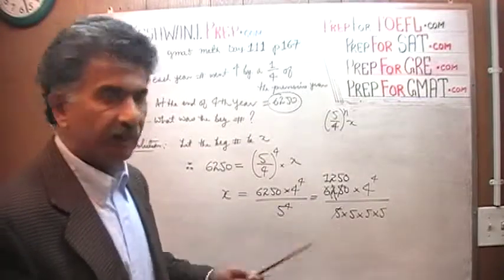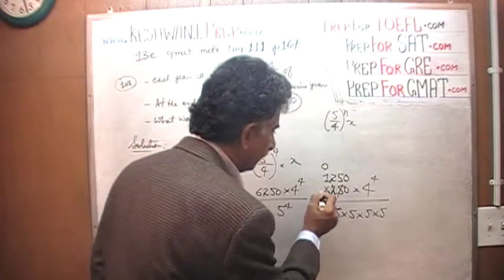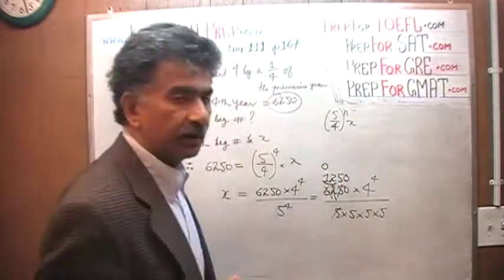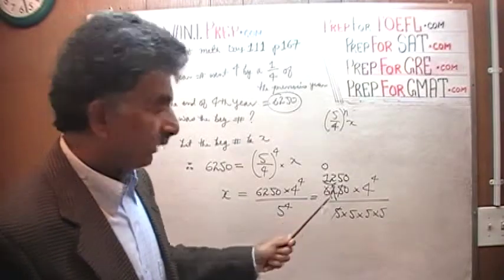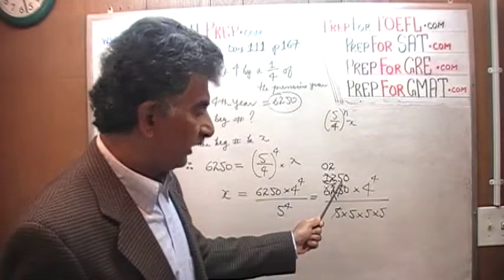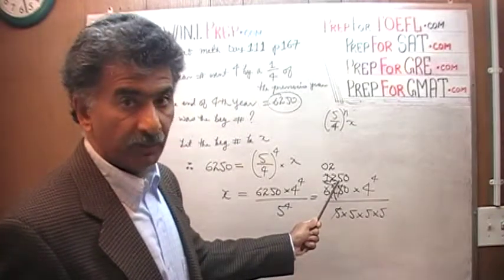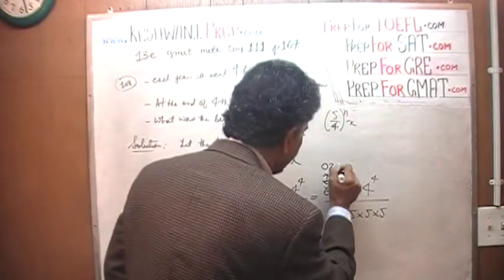Let's divide top and bottom by 5 again. How many 5s in a 1? 1 has 0 5s. That one goes and joins the 2, becomes 12. How many 5s in a 12? 12 has 2 5s. The remaining 2 goes and joins this 5, becomes 25. How many 5s in a 25? 25 has 5 5s.